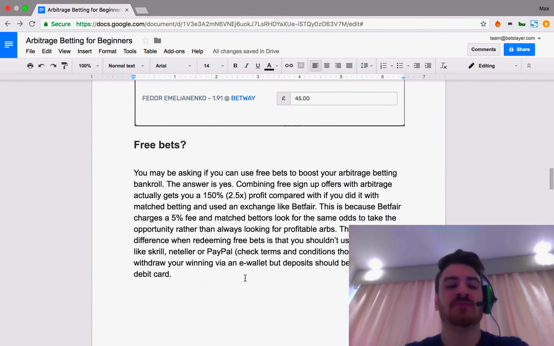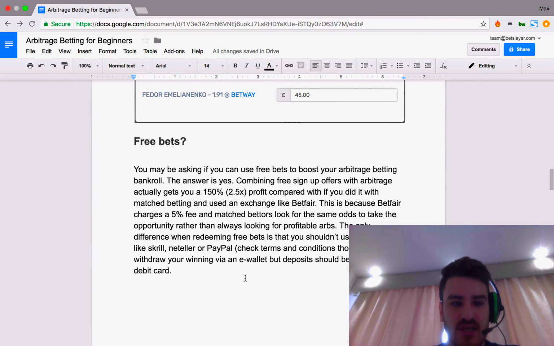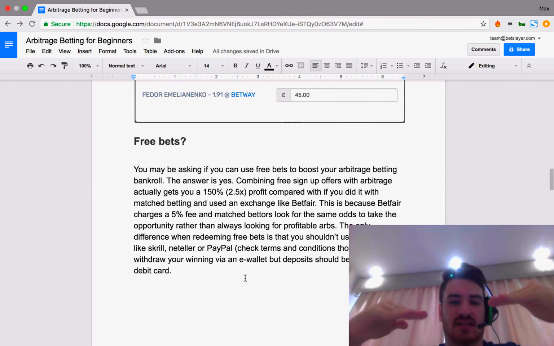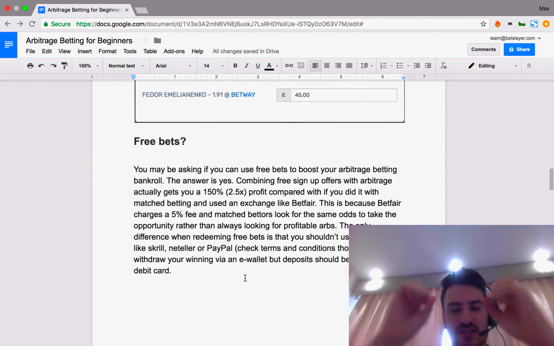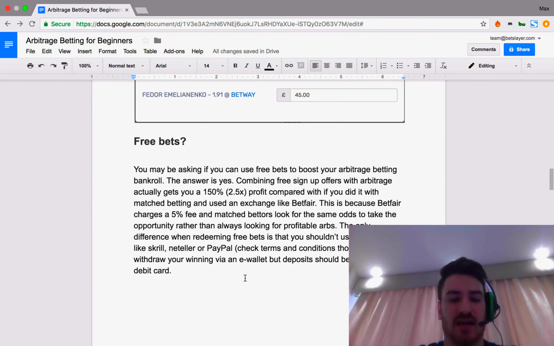It's all good. So you may be asking if you can use free bets to boost your arbitrage betting bankroll. The answer is yes. Combining free sign-up offers with arbitrage actually gives you 150%, or 2.5 times the profit, compared with just match betting and using an exchange like Betfair. This is because of the fees of the exchange, and also with match betting you basically just look for equal odds, whereas we're looking for opportunities which are further exploited at every step rather than leaking money at every step.